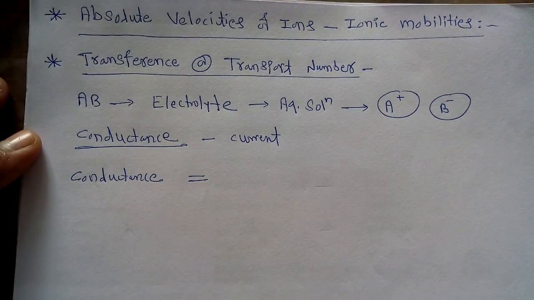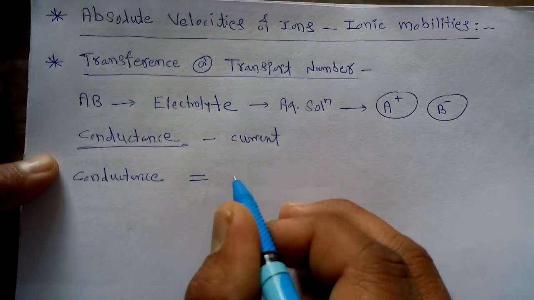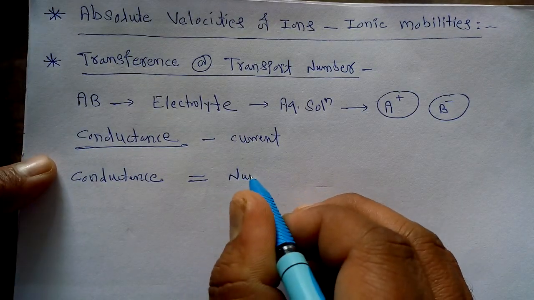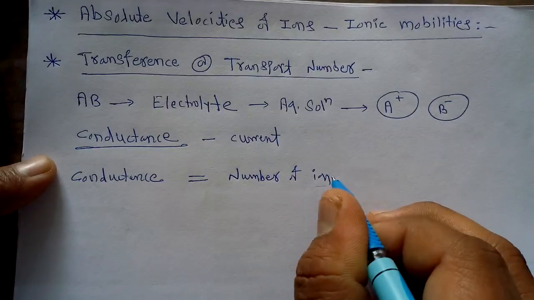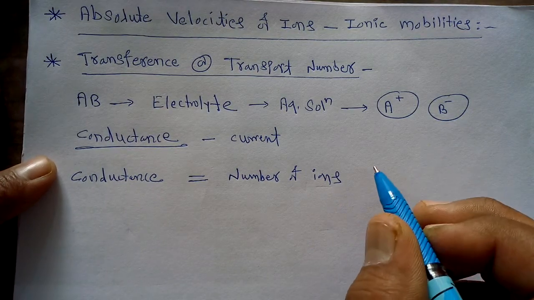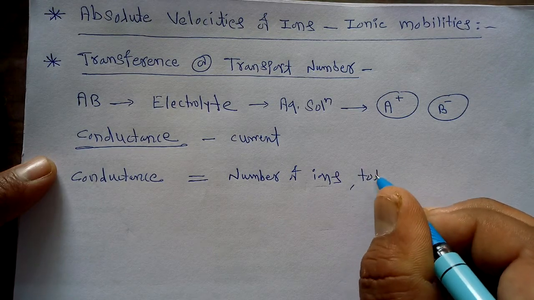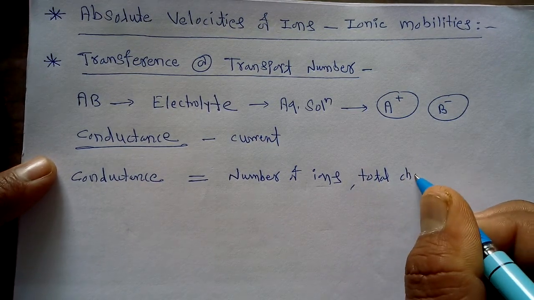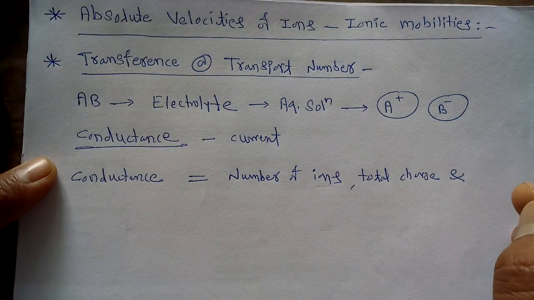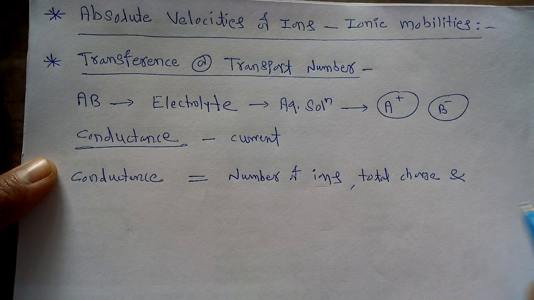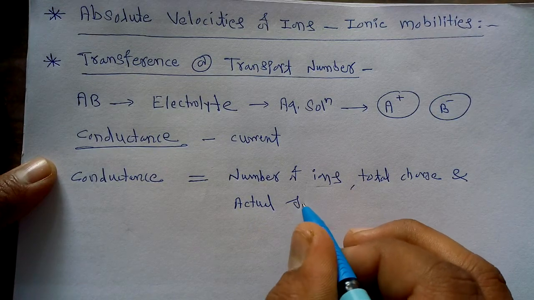It is the product of the number of ions, that is the total charge, and the second important factor, the actual speed of ions.